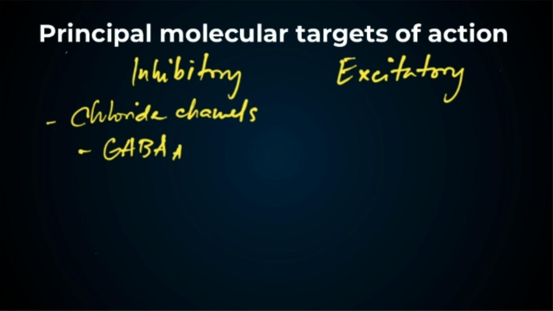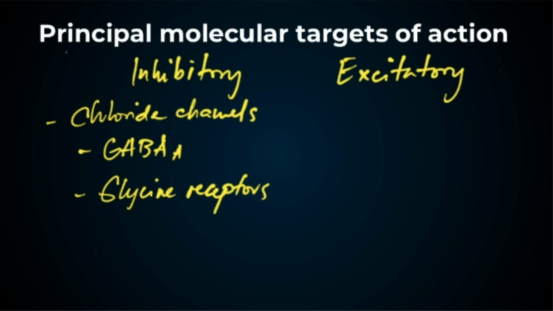Again, if the GABA A channels are more sensitive to GABA, remember these are inhibitory channels, so there is enhanced inhibitory neurotransmission. This leads to depressed nervous system activity. And we also have glycine receptors. Inhaled agents enhance the capacity of glycine to activate glycine receptors.